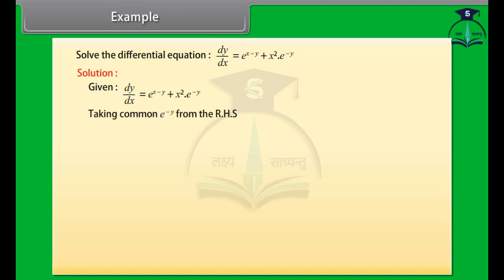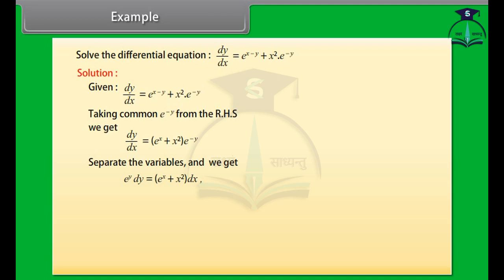Taking common e^(-y) from the right hand side, we get dy/dx = (e^x + x²) e^(-y). Separate the variables and we get e^y dy = (e^x + x²) dx.